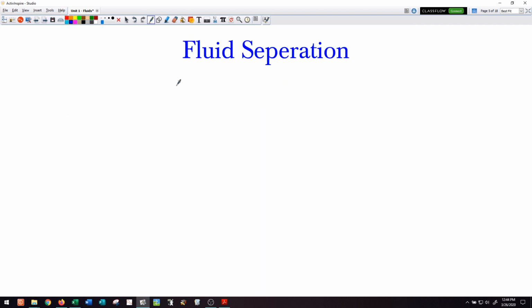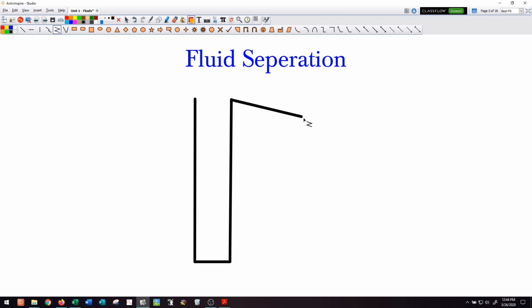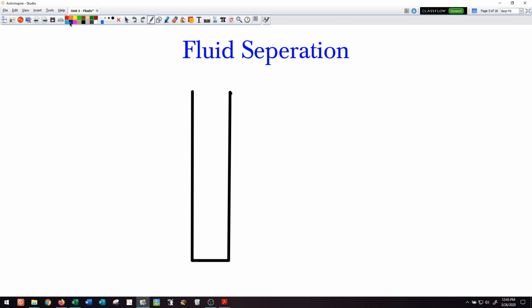Now, if you remember in class, we did a little demonstration where we had a little graduated cylinder, and we filled it up with a bunch of different fluids. Typically, the denser the fluid, the lower down in this column it goes. So maybe we filled it up with water at first, and so this would be all water.